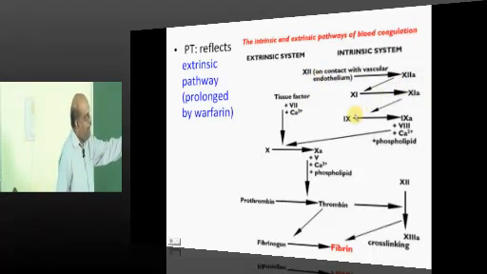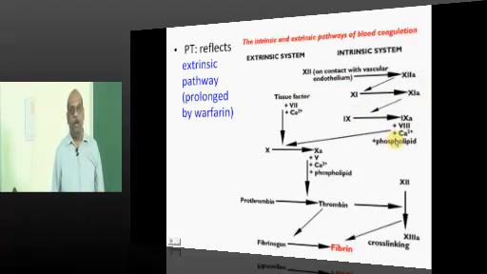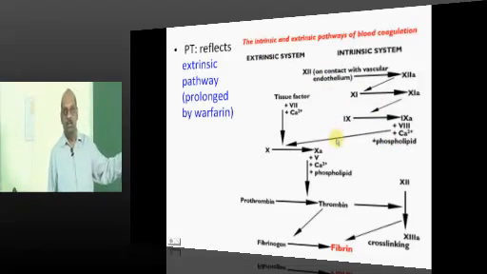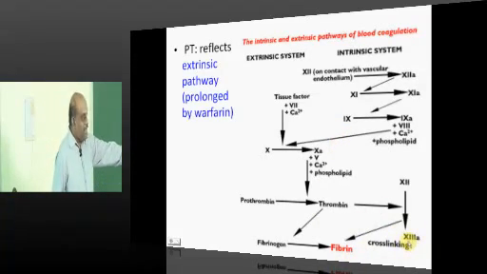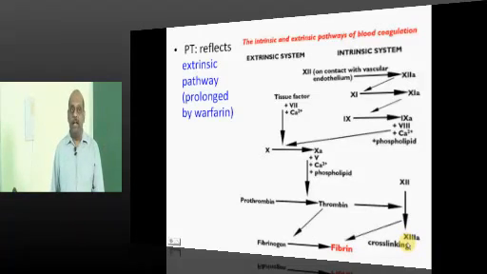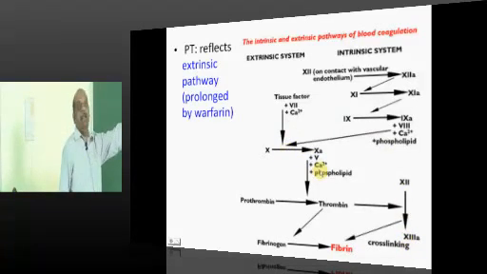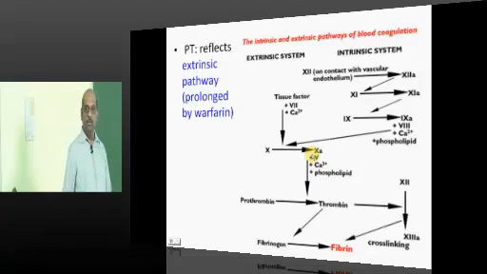Factors 12, 11, 9, 8 will prolong APTT, but factor 12 prolongs APTT without clinical bleeding, and factor 13 causes clinical bleeding with normal PT and APTT. Okay? This is the one which is tested.